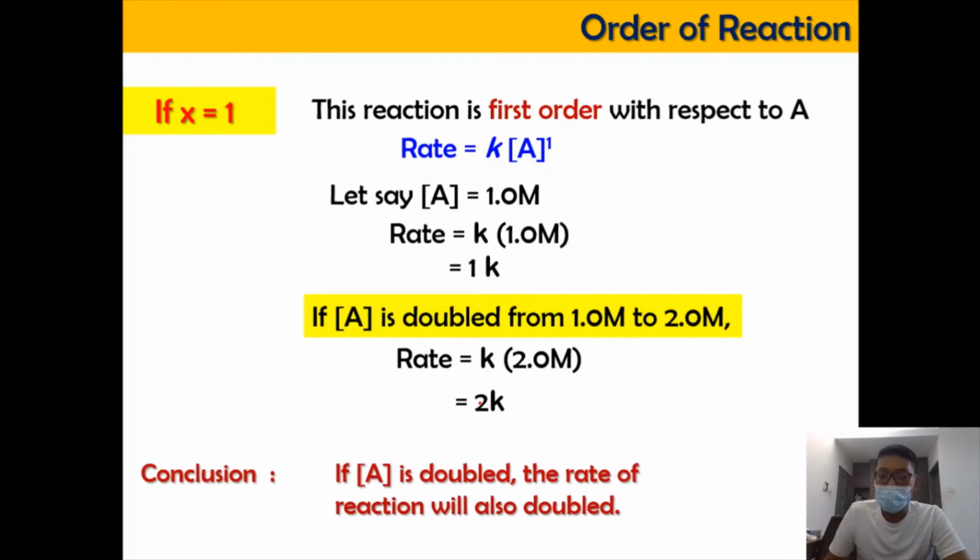Okay, so the conclusion that we can get from the first order reaction is, if the concentration of A is doubled, the rate of the reaction will also be doubled. So if the concentration of A increases, the rate of the reaction will also increase as well.